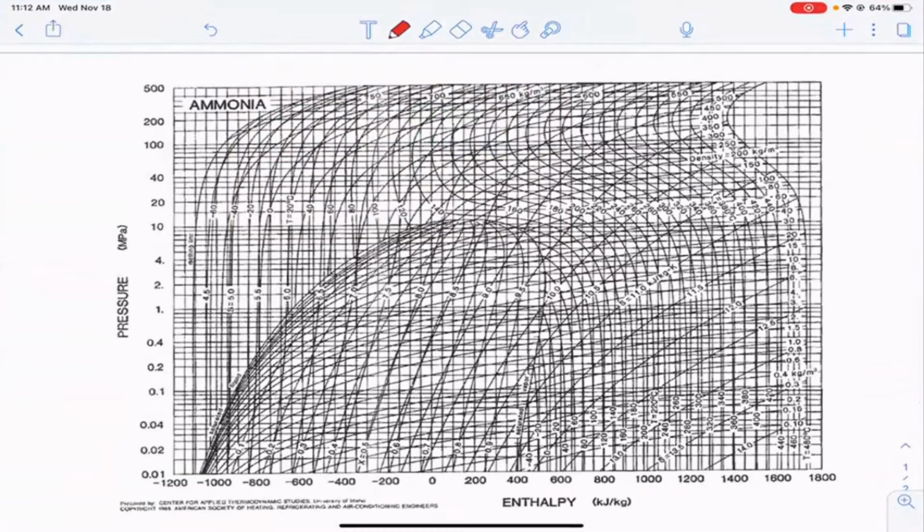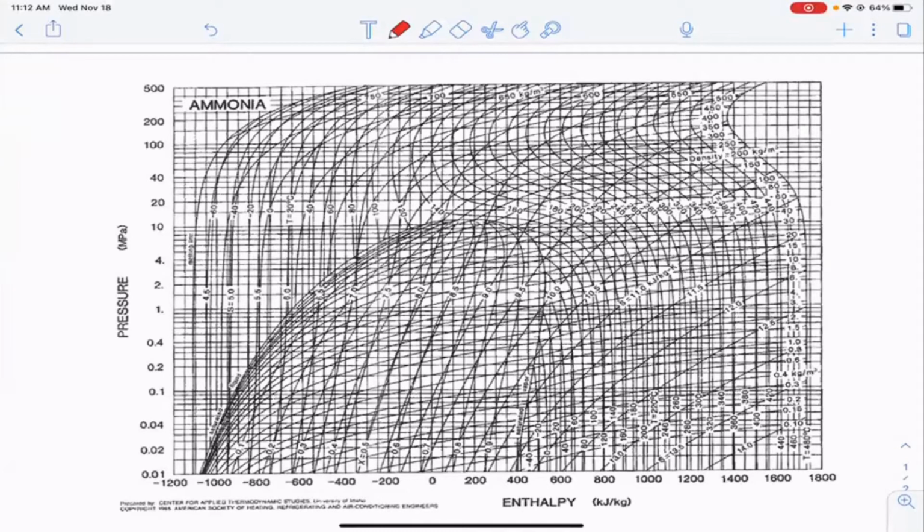We know that A exists at -20, and we know that C exists at 80, and they are saturated. So let's find those on this diagram. And I know that it looks like a big mess of numbers.